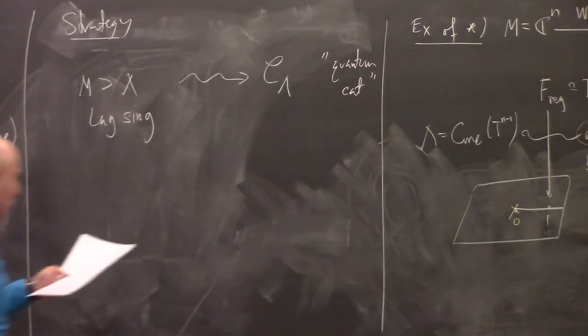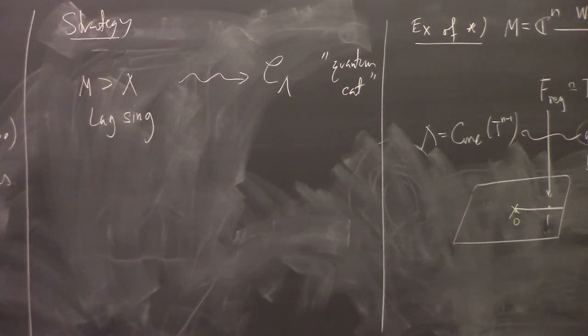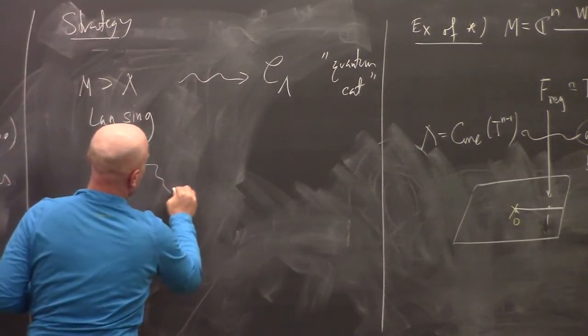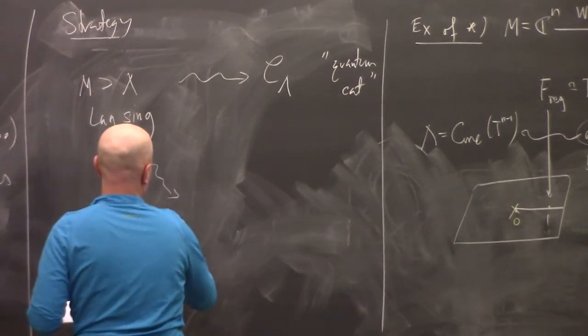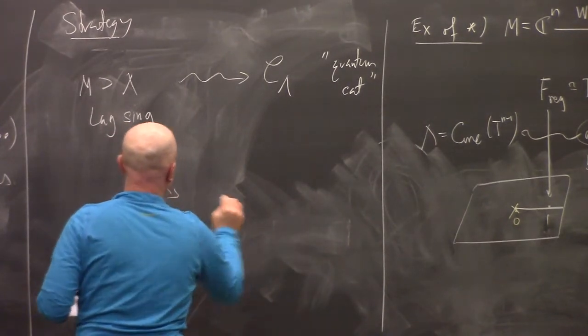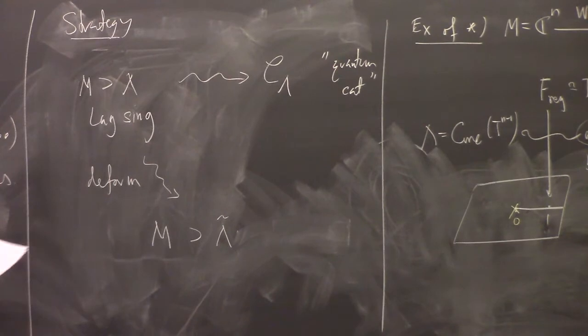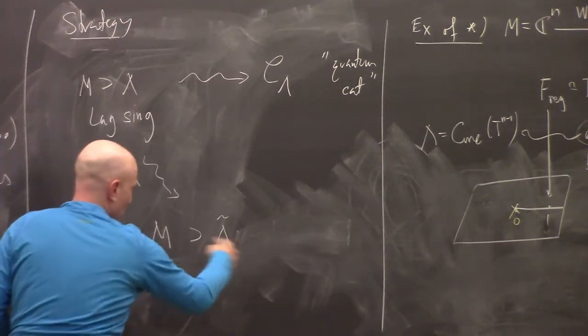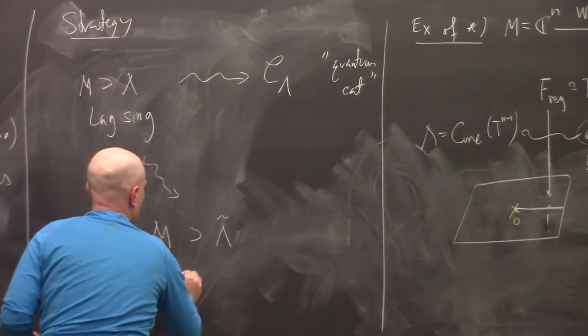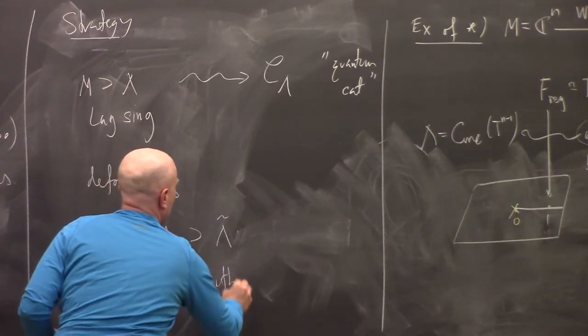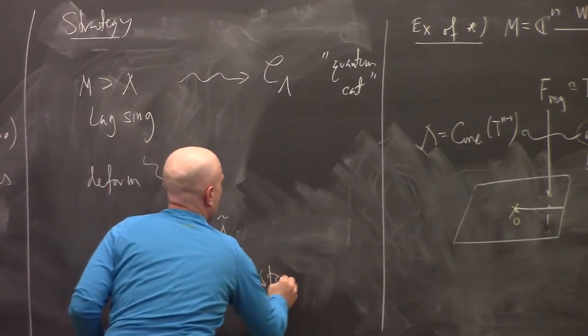Okay, so the strategy that we're going to follow is the following. We're going to deform the Lagrangian singularity. Okay, so we're going to keep m the same, but we're going to deform the Lagrangian singularity to a new kind of singularity, a new Lagrangian. So this is going to be a Lagrangian with what you might call stable singularities.